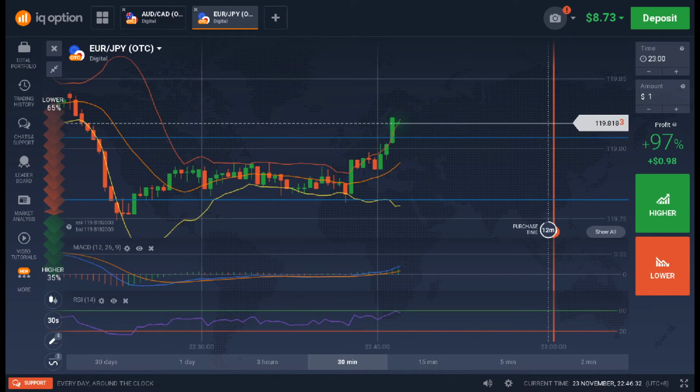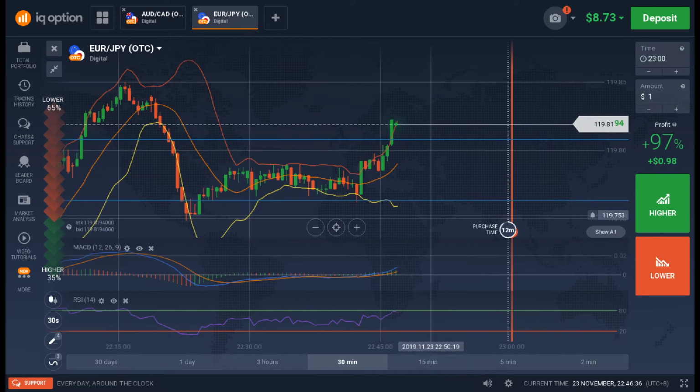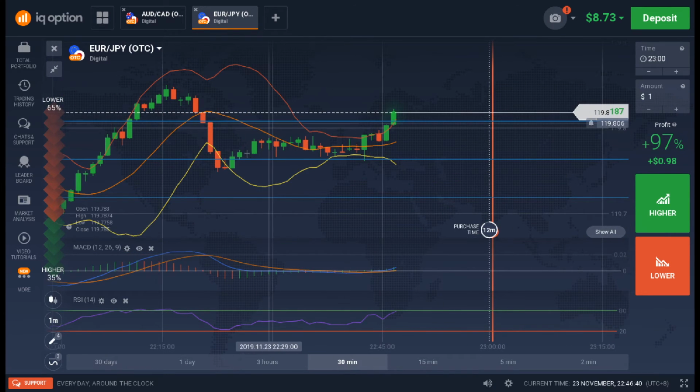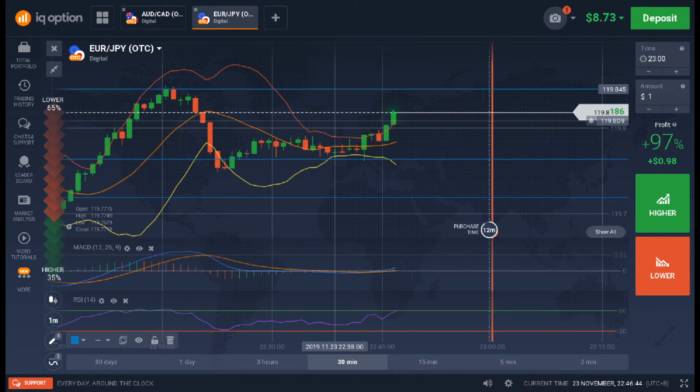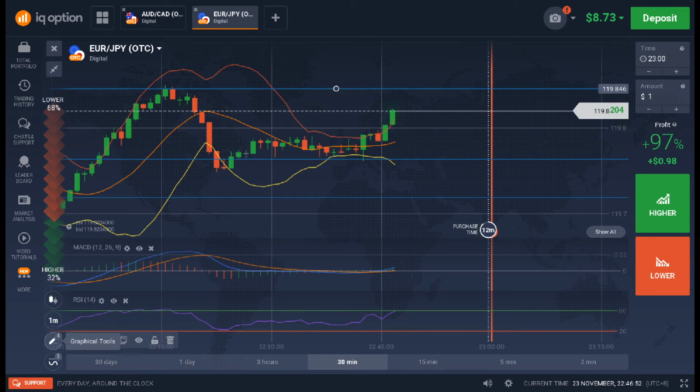So let's draw another line. Where could it end? It might reach this level. Let's draw another line here because of this area. Wanted to make a join.